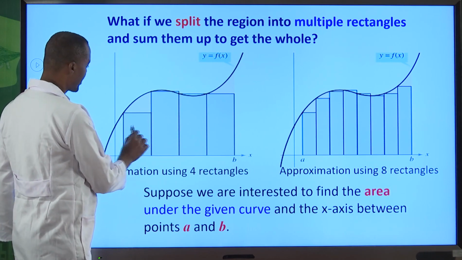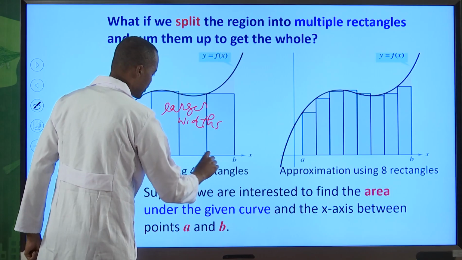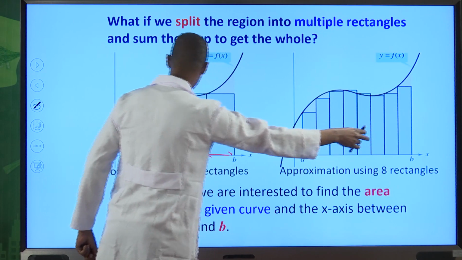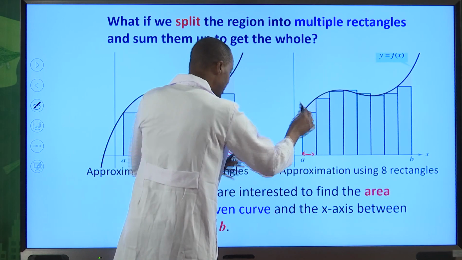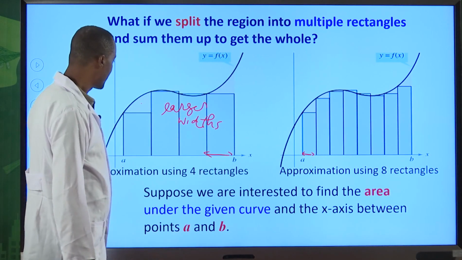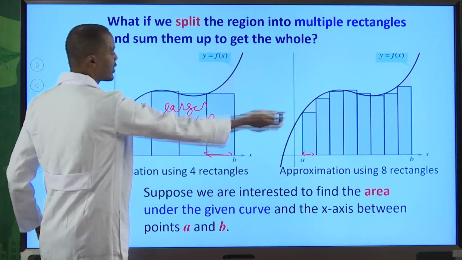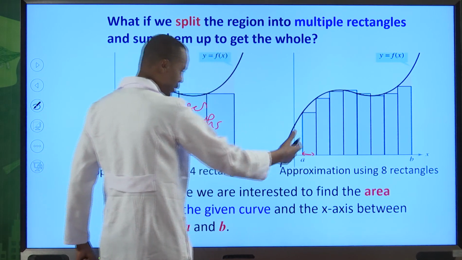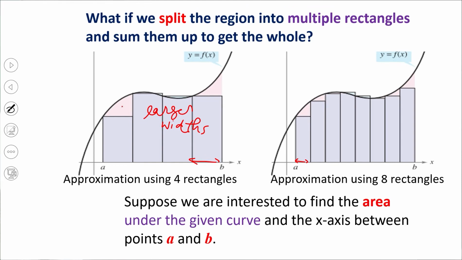In this case my rectangles have larger widths, but if I decrease these widths, if I make them narrower and increase their number, the area left between them will diminish. So if I further split them into narrower rectangles, the sum of the area under those curves will fit into the region, provided that the rectangles are narrow enough and consequently larger in number, so that they would finally fit into the region under that curve.